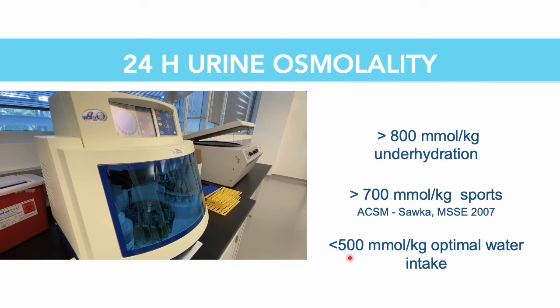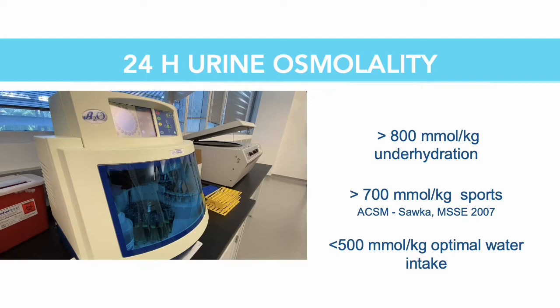More recently, several studies indicated that when your urine osmolality is below 500, this is an indication of optimal water intake. You're drinking enough, your body is very well hydrated. So 500 has been used as the level of optimal hydration state.